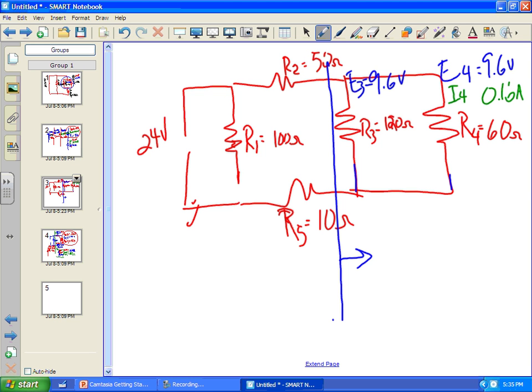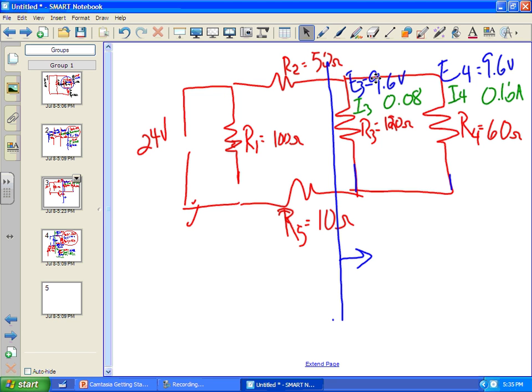Now, if we divide 9.6 by 120, we'll hit clear a couple times and then put in 9.6 divided by 120, enter, and then you should probably come up with about 0.08. What do you find?